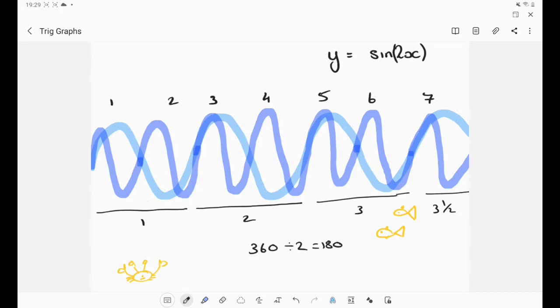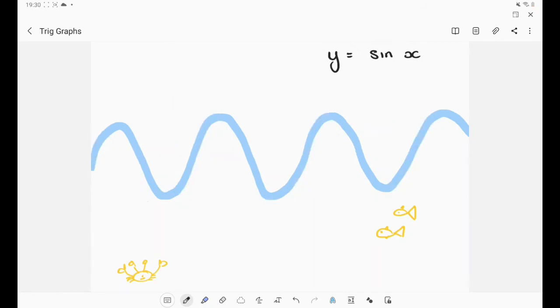There was one final way we can manipulate these graphs. And similarly to the y-axis, where you can affect the amplitude and you can also shift it, we also are able to change the frequency and shift the graph right or left.